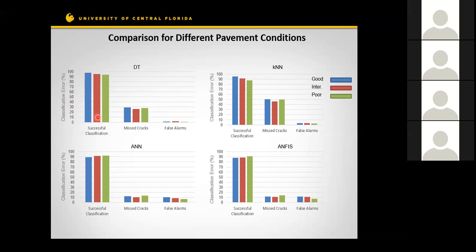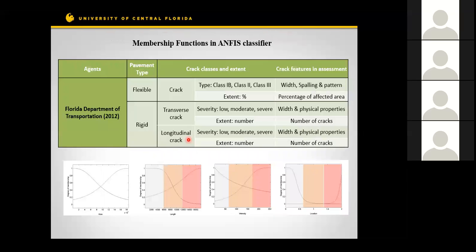The red ones had some linear cracks in them, and the green ones had block cracks or alligator cracks, severely damaged pavements. And as you can see, all the classifiers provided almost consistent results. So the accuracy or the performance didn't change drastically from one pavement type to the other, which we consider satisfactory.